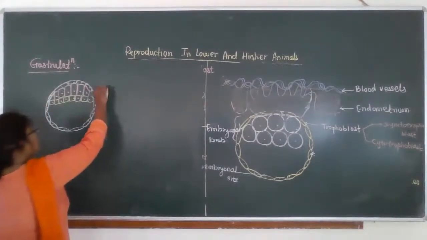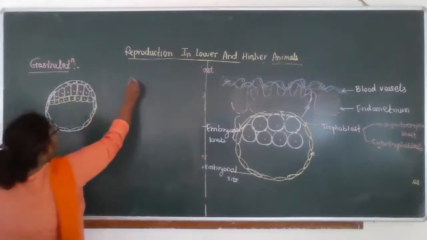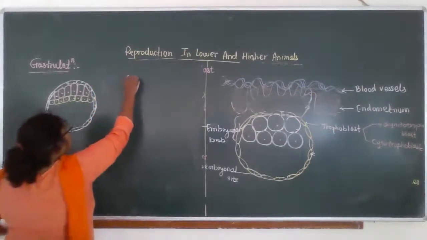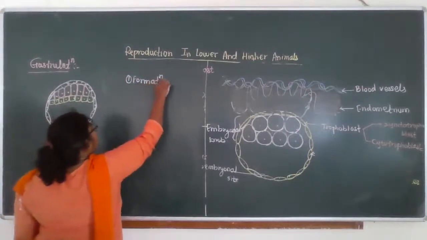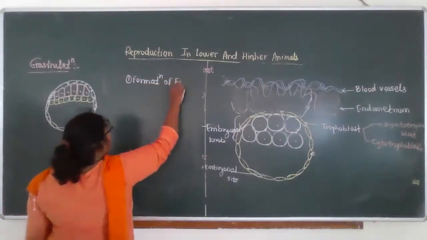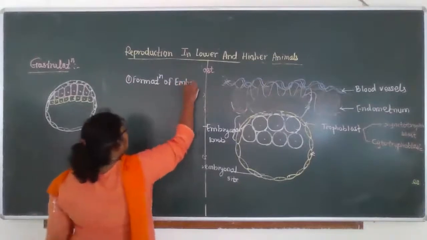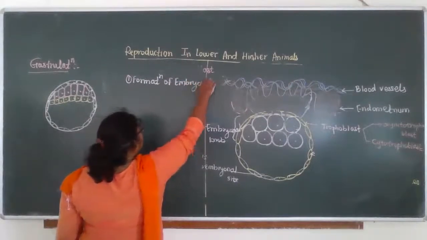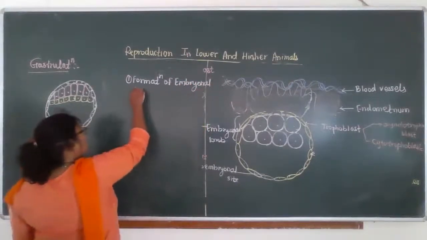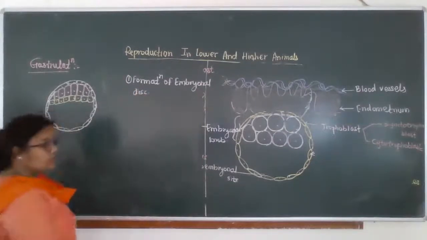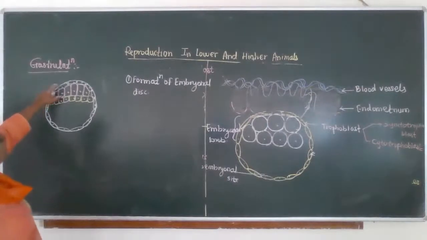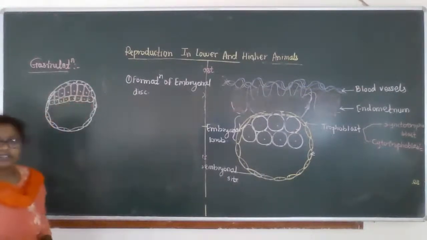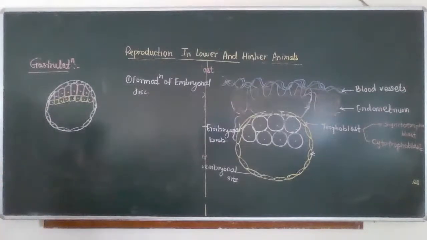This is called the formation of the first stage. During gastrulation, formation of embryonal disc took place. Clear? So what happened? Some cells get elongated, get straightened, and some become cuboidal cells.